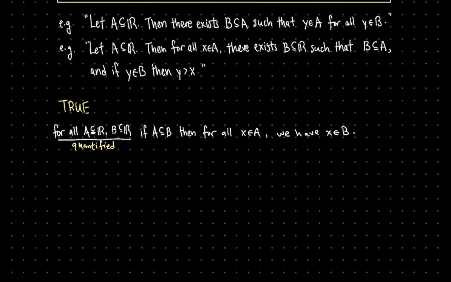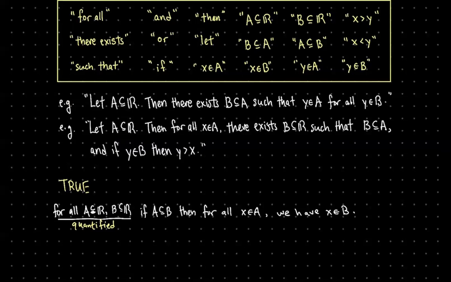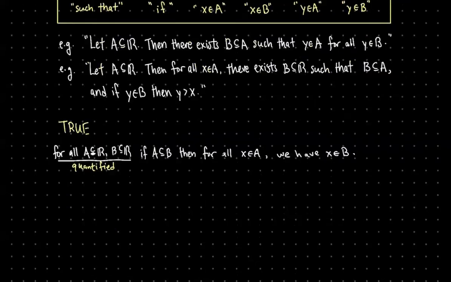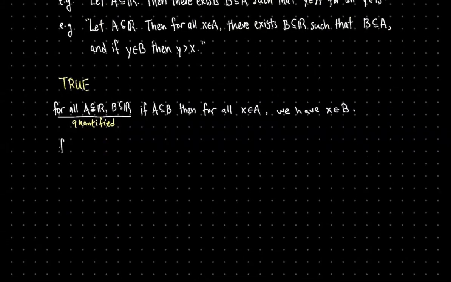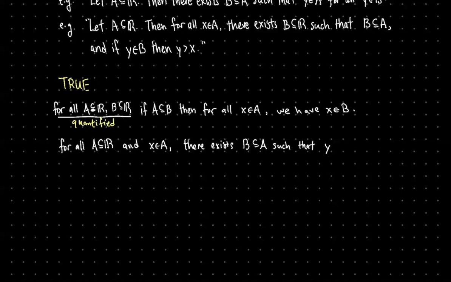Can someone give me a true statement that involves these inequalities here? Here, I'll give you one. So for all A a subset of real numbers, and X in A, there exists a set B, a subset of A, such that X is in B, let's say.